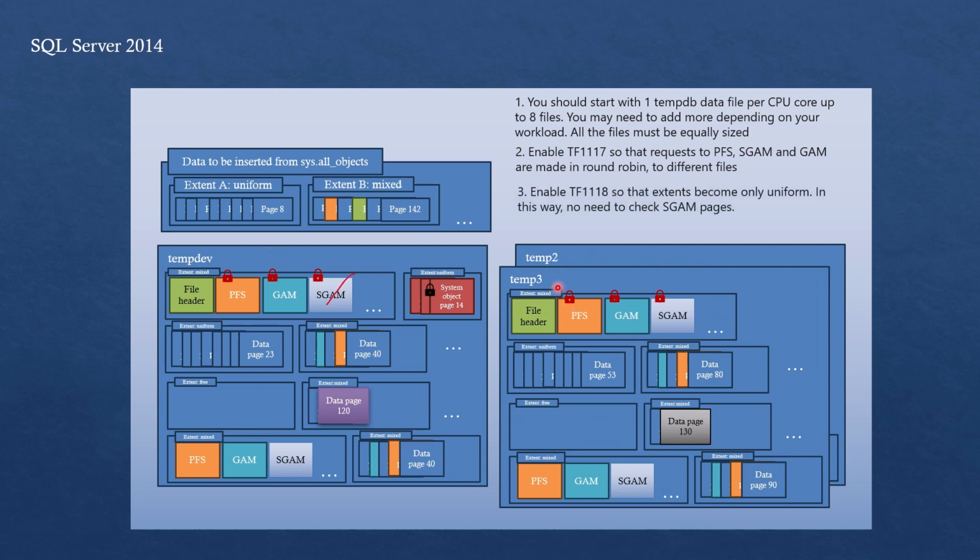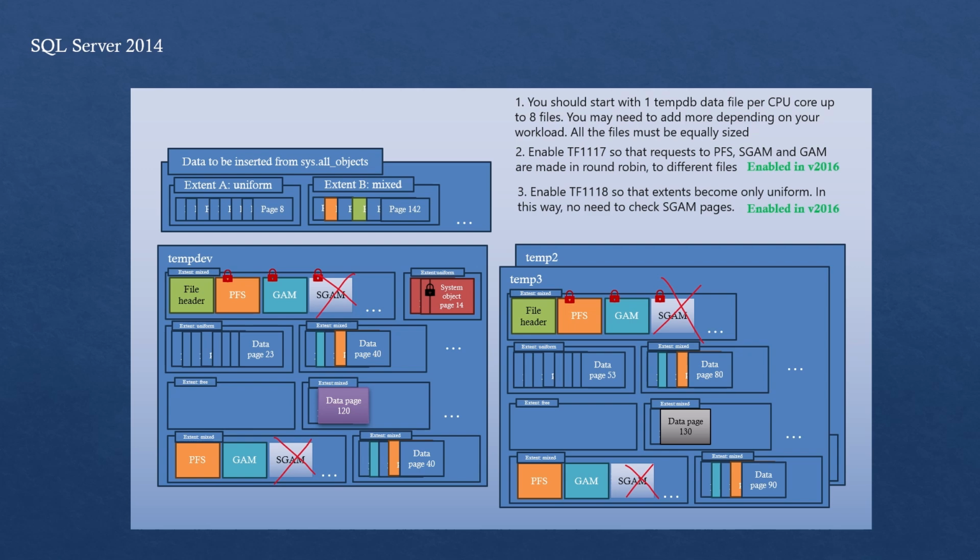Thirdly, enable trace flag 1118 so that extents are created only as uniform and we don't need to check SGAM pages. In this way, you can decrease contention in Tempdb. Microsoft enabled these trace flags in SQL Server 2016 by default. Therefore, if you have SQL Server 2016 or higher, you don't need to enable these trace flags.